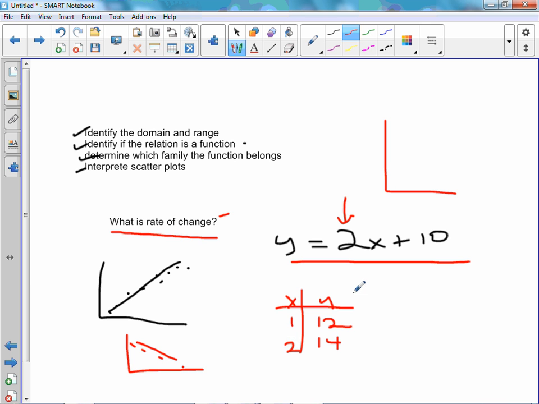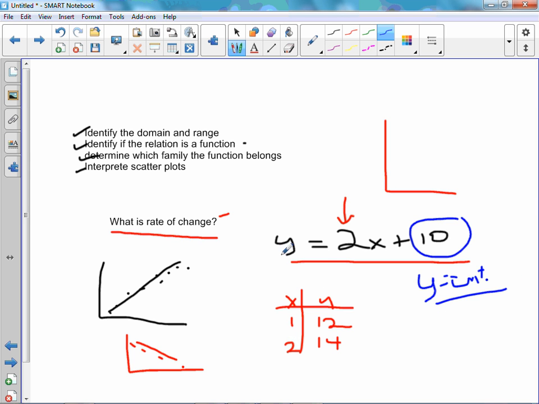They're also going to ask you to determine the y-intercept. That means that when you graph it, it's going to cross the y at a certain point. You can always determine what the y-intercept is based on the number in the problem. Whatever is added to or subtracted from the rate of change is the y-intercept. We didn't talk about that a whole lot, but we're going to talk about it even more in the next unit.